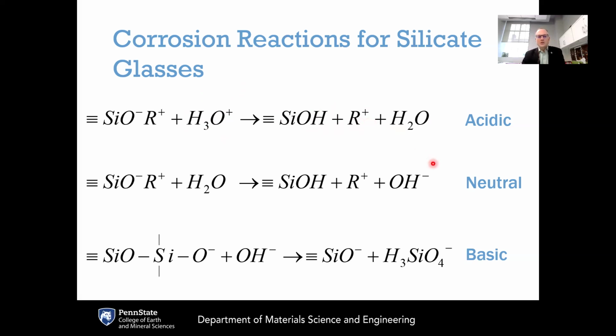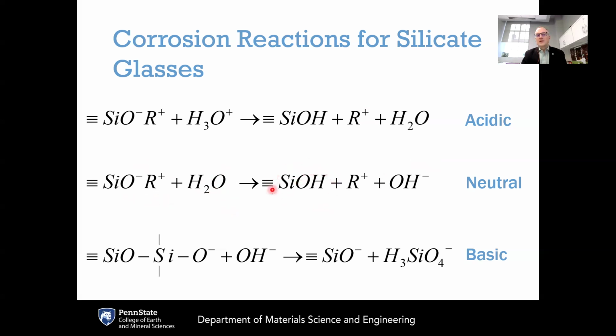If we are at a neutral pH, it's a relatively similar type of reaction. The difference here is that we've got the modified silica part of the network here with the exposed alkali ion interacting now with a water molecule, so H2O. It is again a leaching process that is facilitated by ion exchange, where one of the H+ ions from the water molecule switches places with the alkali ion.